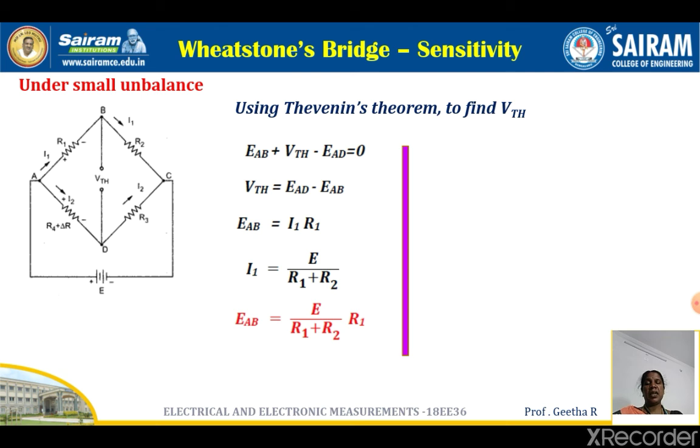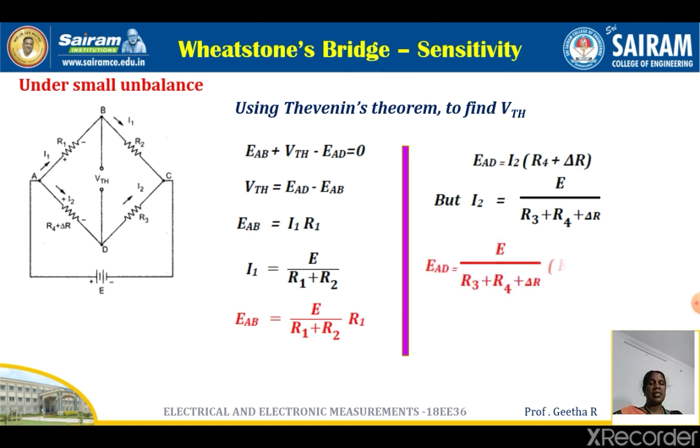Similarly, EAD can be calculated. EAD is I2 into R4 plus del R, but I2 is E by R3 plus R4 plus del R. That is substituted in the equation, so we get EAD equal to E by R3 plus R4 plus del R, into R4 plus del R. So we have calculated EAB and EAD.